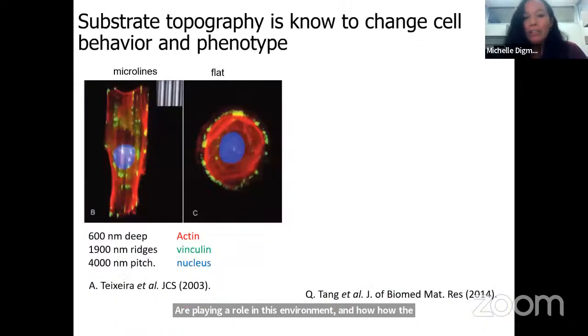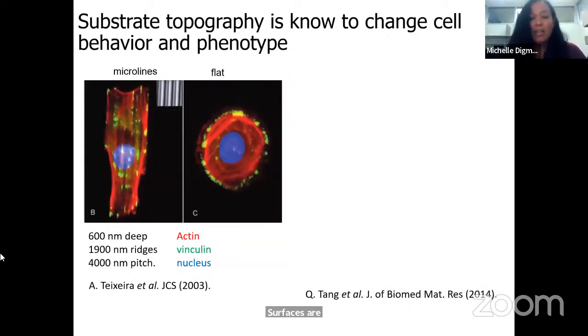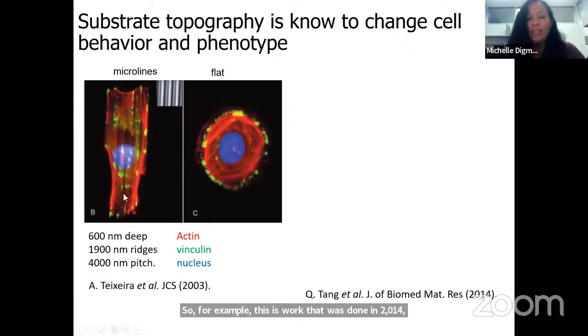So we know from the literature that micropattern surfaces or substrate topography can change cellular behavior and phenotype. So for example, this is work that was done in 2014 showing that if you culture cells in these micropattern surfaces, let's say micro lines, or let's say in this type of topography, cells will change their phenotype.